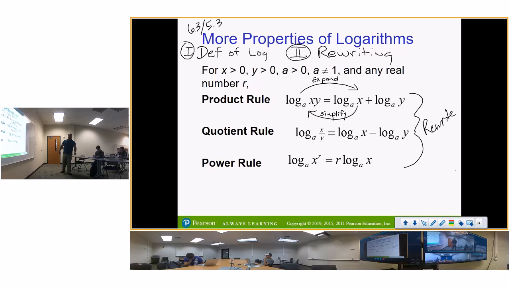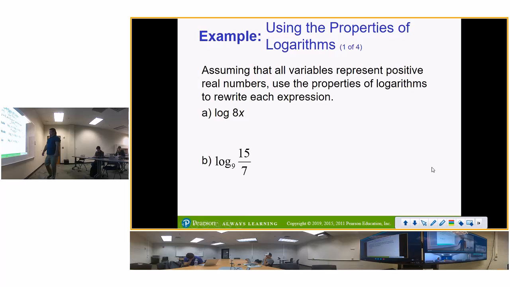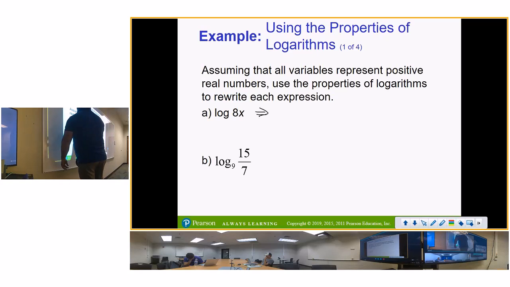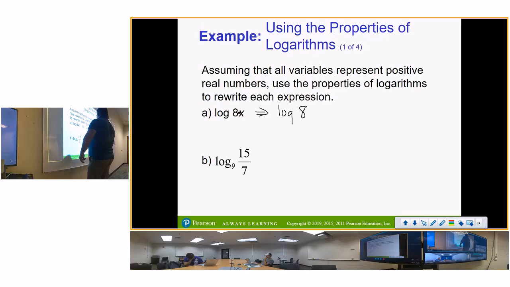Okay? So what do we do? We look at that. So how do we rewrite the log of 8 times x? Well, you break it up. And since these are together by a multiplication symbol, log base 10 of 8 plus what?